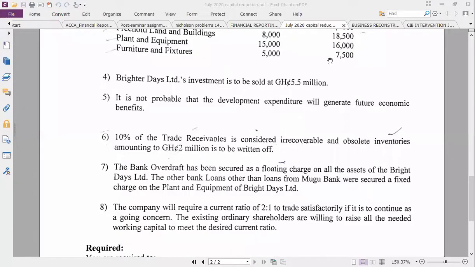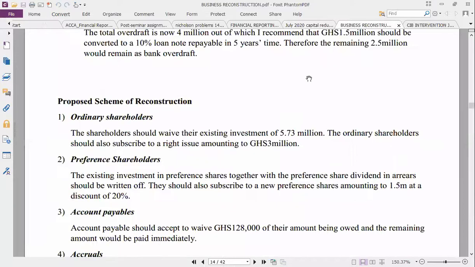So please, the arrangement must be like this. So write preference shareholders. The one you're going to talk about, you write it nicely like this. Good. That's how we want the arrangement to be.